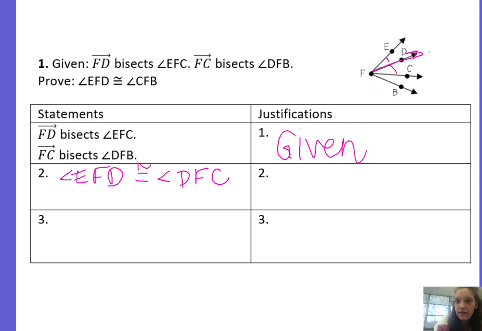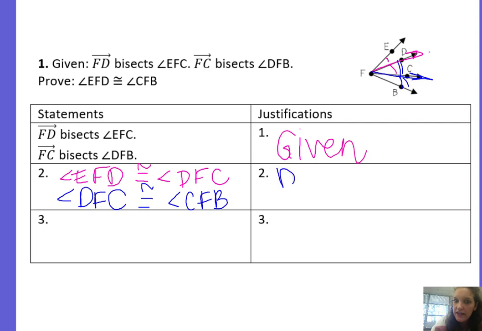Then I also know that ray FC is going to bisect angle DFB, so that would make these two angles congruent. So I can also put that in my proof, that angle DFC is congruent to angle CFB. And why was I allowed to say that those two angles were congruent?